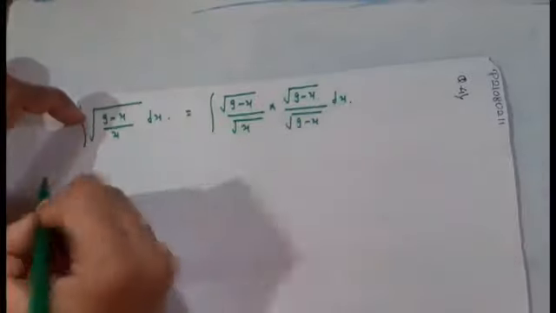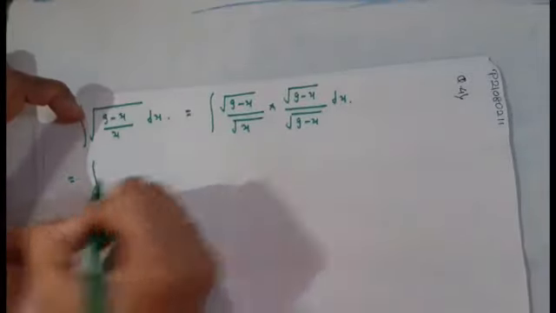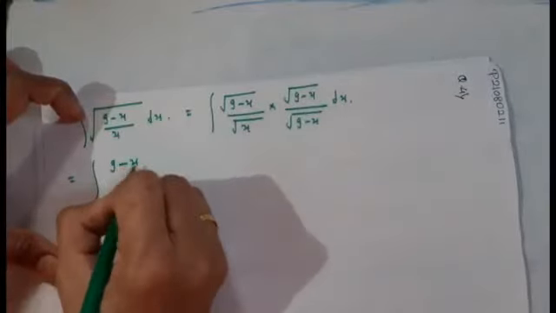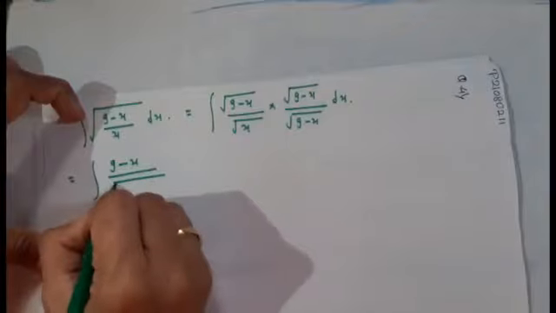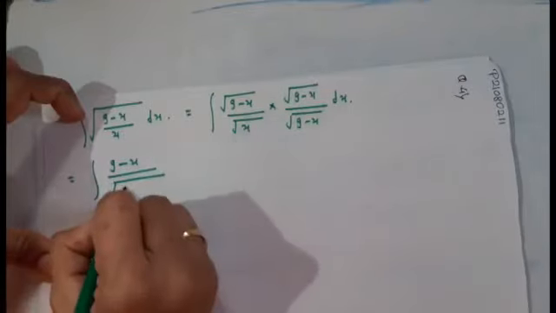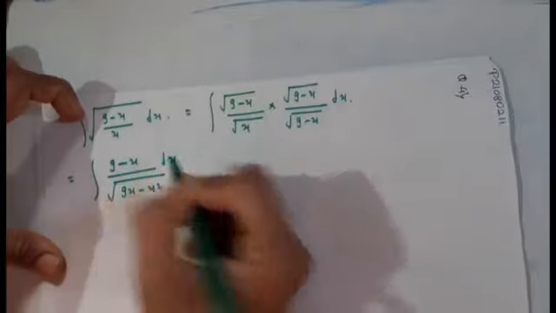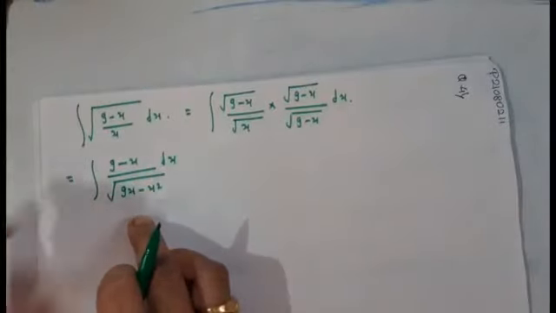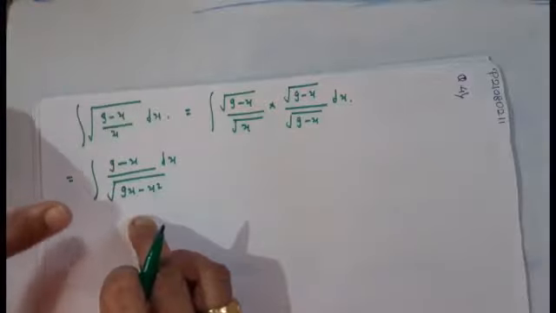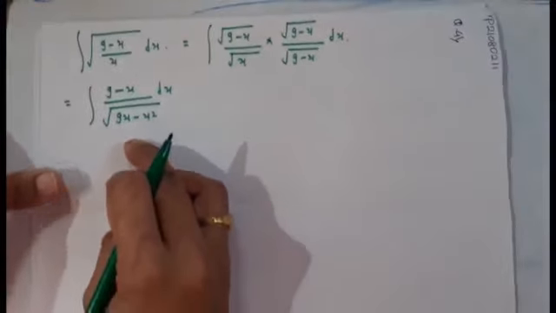So at the numerator we will get square root of 9 minus x into square root of 9 minus x, which is 9 minus x, upon square root of 9x minus x square with respect to x. And now this is the regular form that we have been solving for problems of this type.